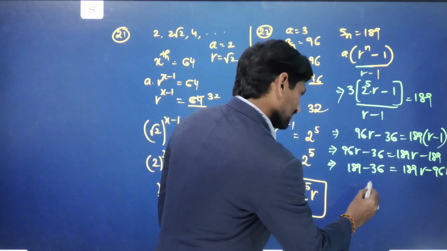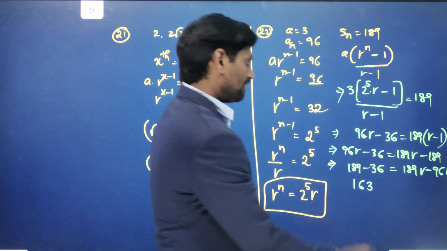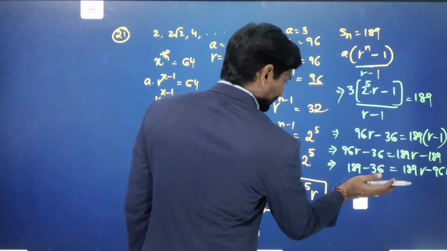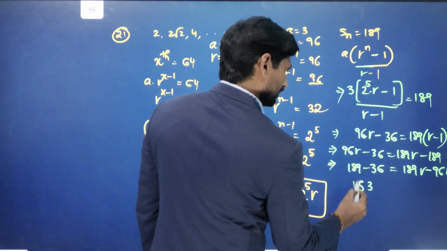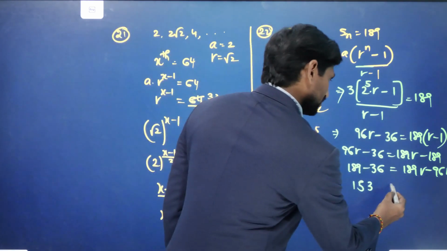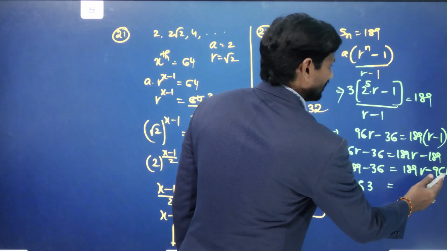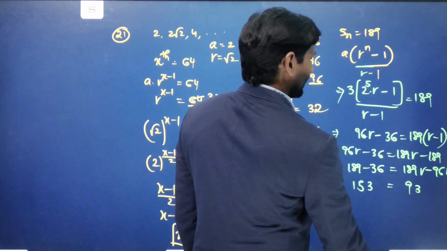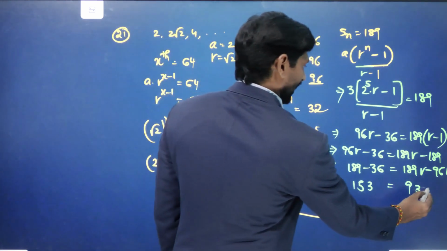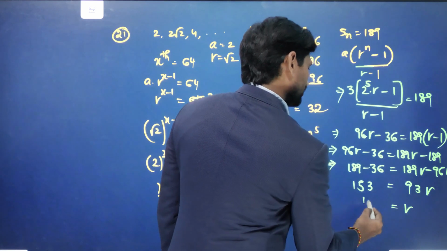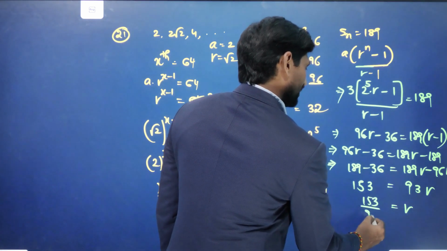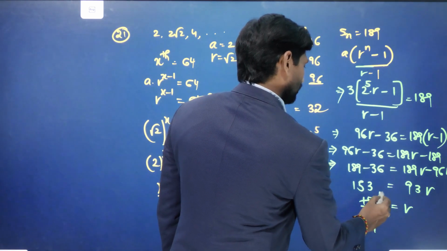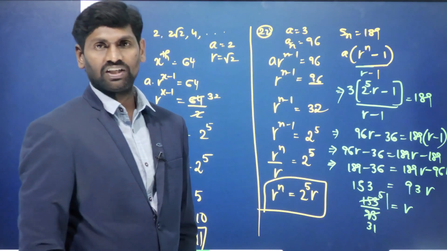Subtracting the numbers, we get 153 equals 93 r. So r equals 153 by 93. 3 table 31 times, 3 table 51 times. 51 by 31 is the r value we got.